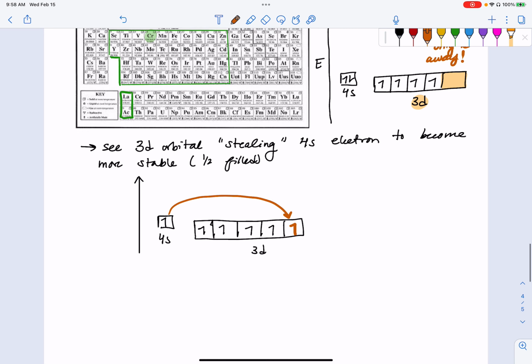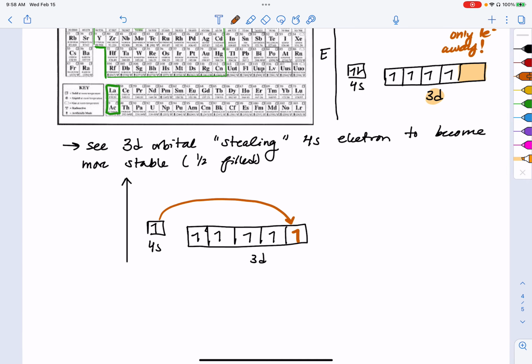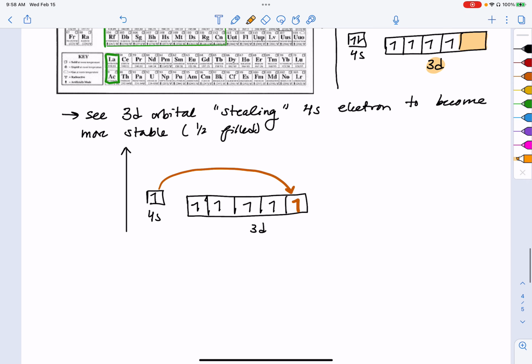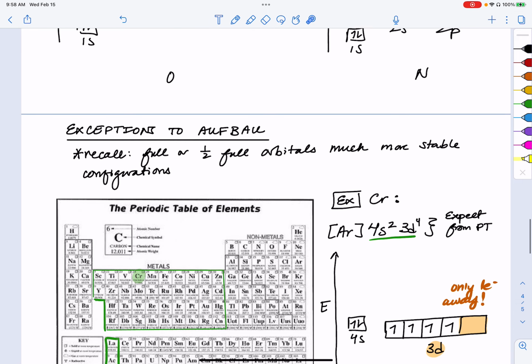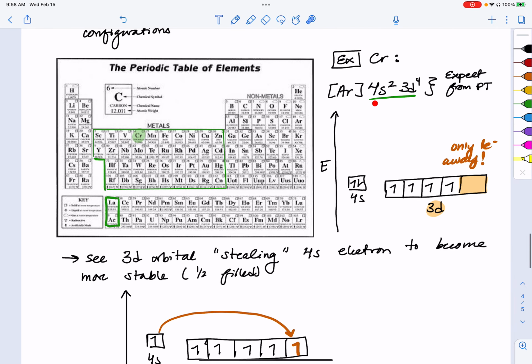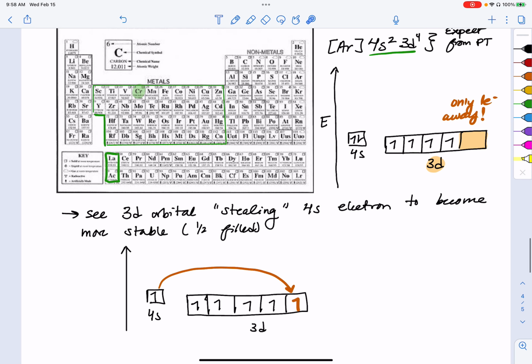Now, why is that okay? Like, why is that something that nature allows to have happen? Because wasn't the 4s full and thus stable? Well, remember, we want our valence orbitals, which are these guys, to be stable in the sense that they have either totally half full or totally completely full valence orbitals.